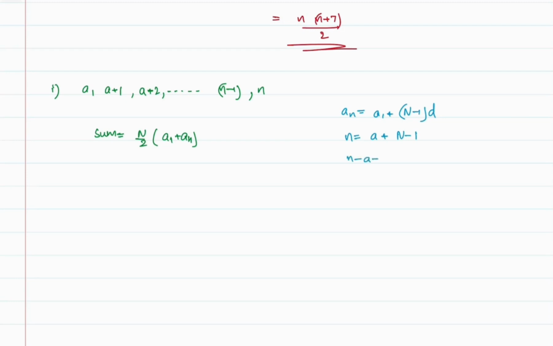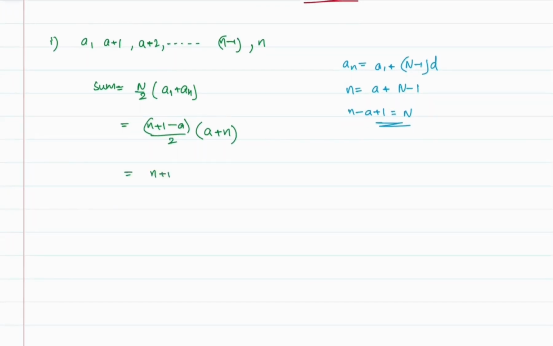Then we'll have n minus a plus 1 equal to capital N. Now substitute this in the formula. Then we'll have n plus 1 minus a by 2 into a1, which is a, plus the nth term, which is n.